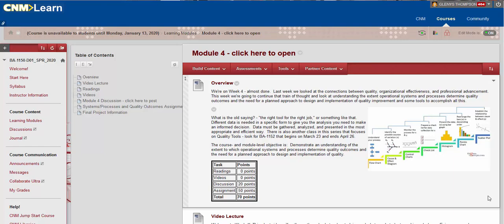If you've taken any accounting or business classes, a balance sheet doesn't tell you the information that the other financial statements would tell you. So you need to look at the right tool to get what you need. Data must be gathered, analyzed, and presented in the most appropriate and efficient way.